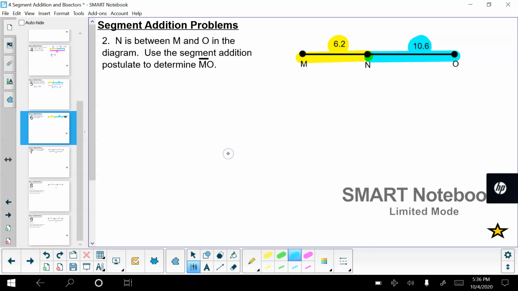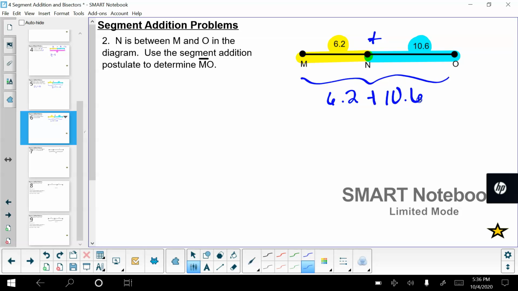So once again, using our segment addition postulate, we can add those two parts together to get the total for line segment MO. So I've got the first part, 6.2, plus the second part, 10.6, equals my total, which would be 16.8. So now I know that MO, the whole length of that line segment, is 16.8.